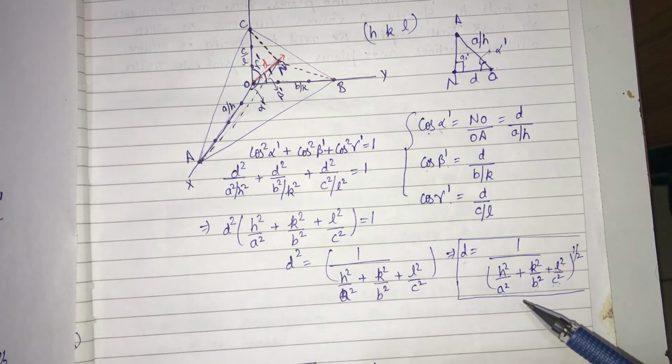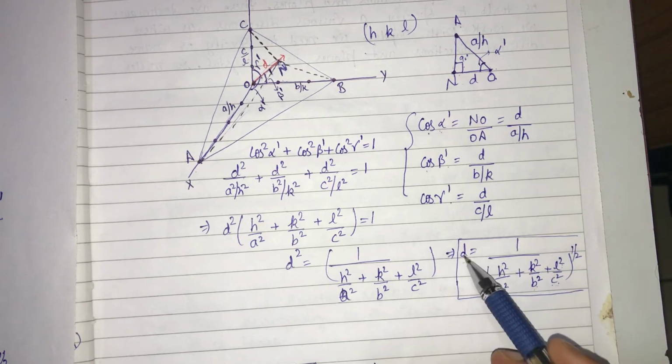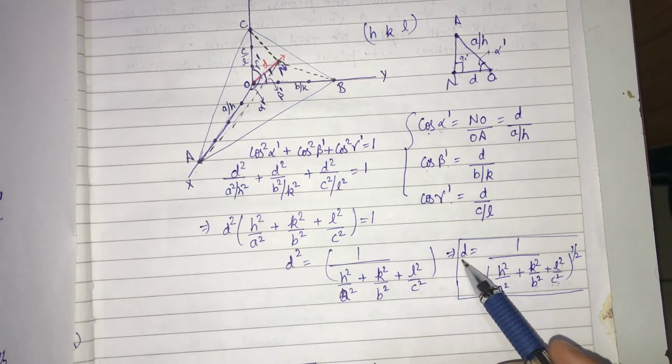And also mark here, if the value of Miller indices, this index number, is high, then the interplanar spacing will be less. But if these have low index numbers, meaning low Miller index values, then in that case the interplanar spacing will be more. Clear?